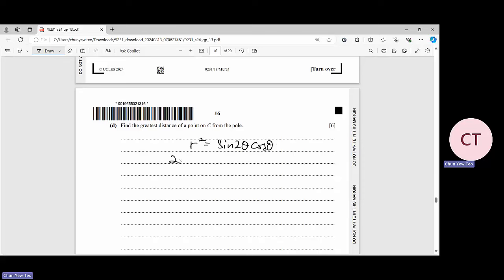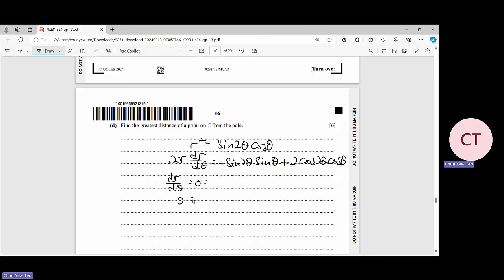So differentiate it to r d theta equals, keep the left, differentiate the right, plus keep the right, differentiate the left. So you get 2 cos 2 theta cos theta. And your r d theta is equal to 0.